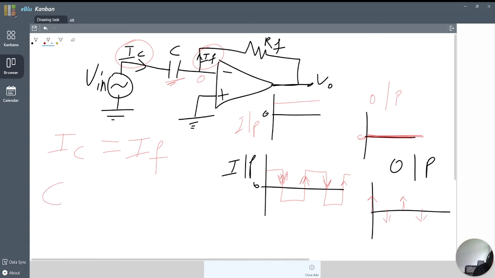So C times dVc over dt equals IF. V inverting becomes 0 because it is virtually grounded with the non-inverting input, so IF is 0 minus V out over RF.